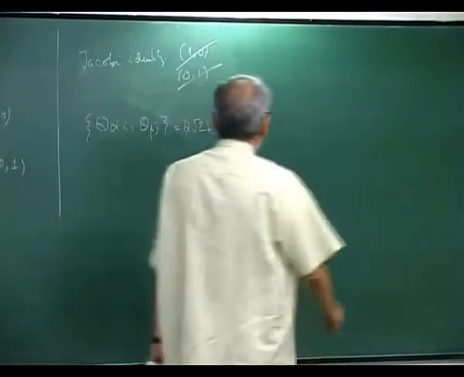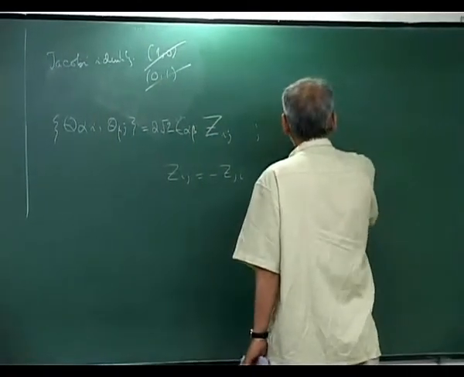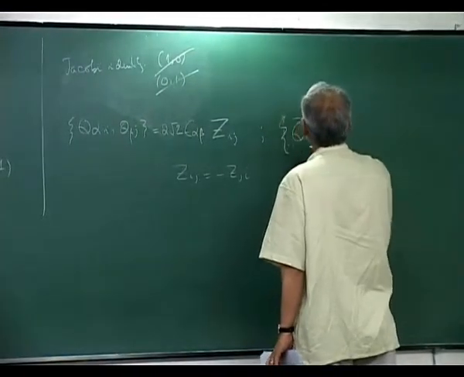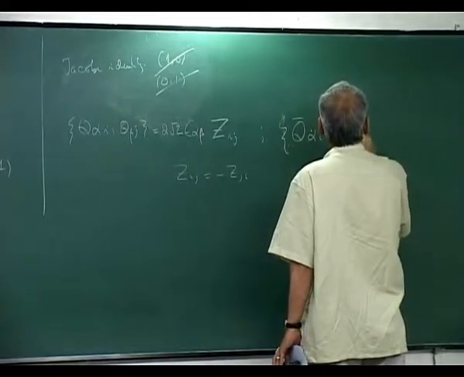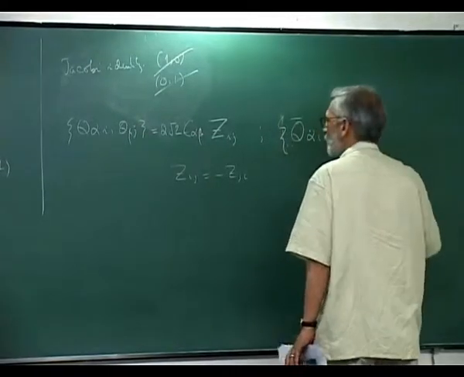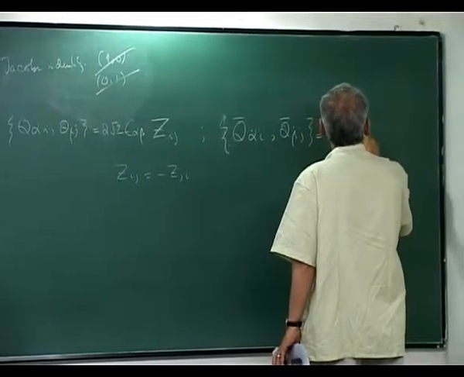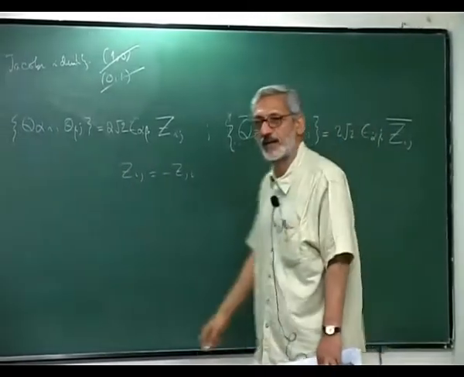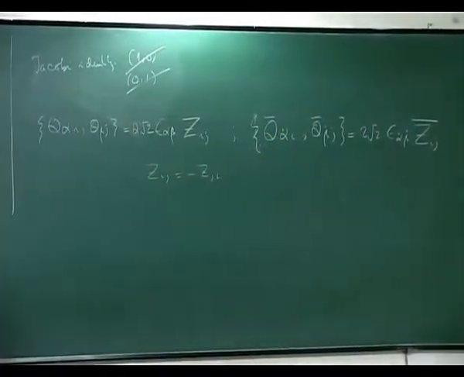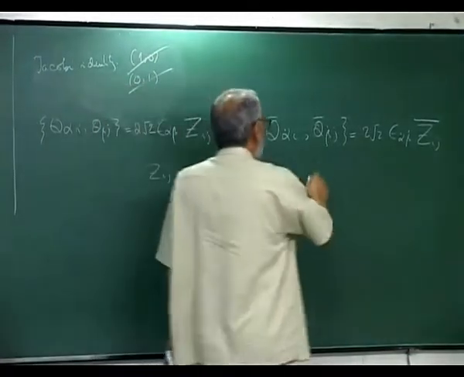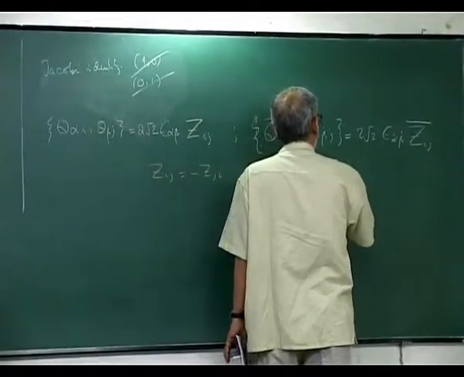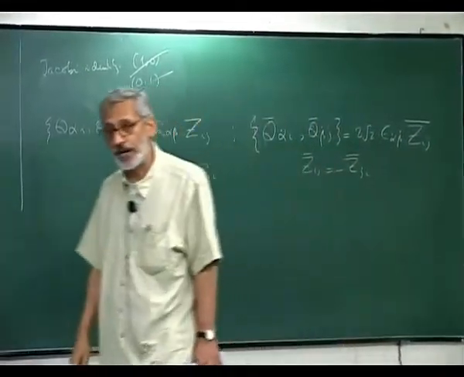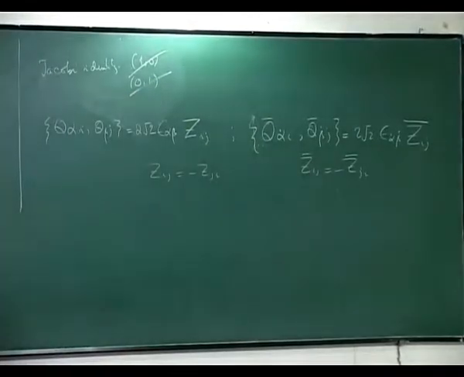Now similarly, I can do it for Q bar alpha dot I, Q bar beta dot J, and that would be 2 times root 2 epsilon alpha dot beta dot Z_ij bar, another Z_ij, and call it Z_ij bar, with the same property that Z_ij bar is minus Z_ji bar, antisymmetric in the I J indices.